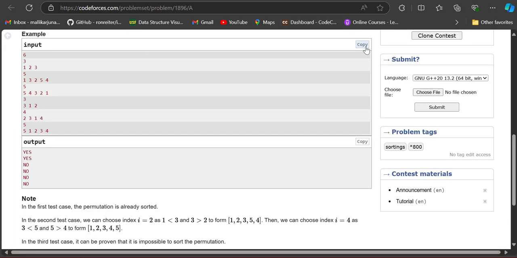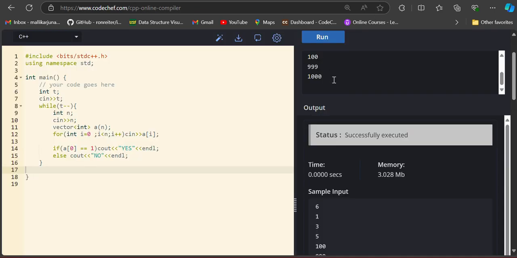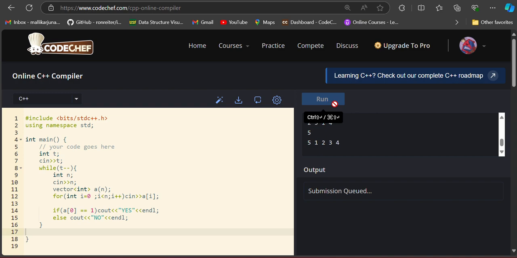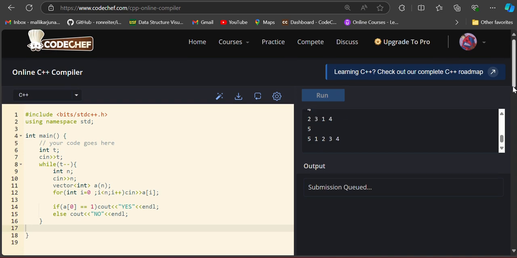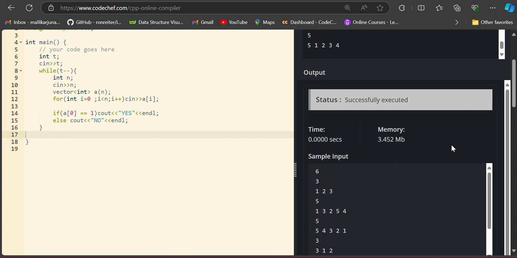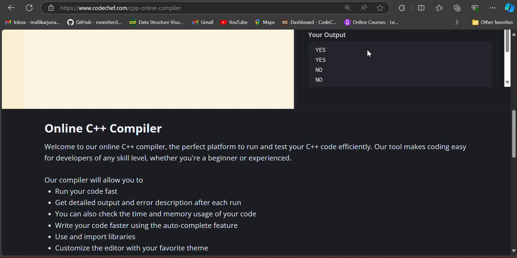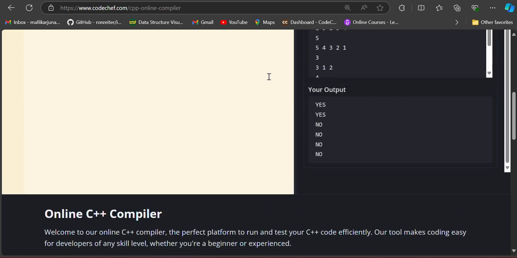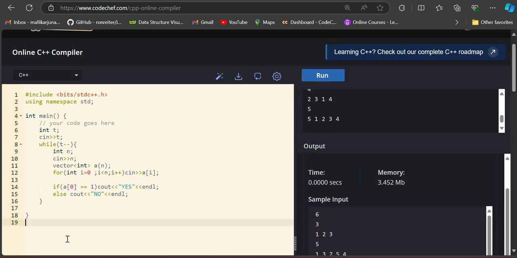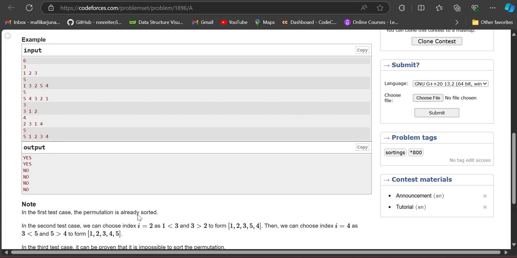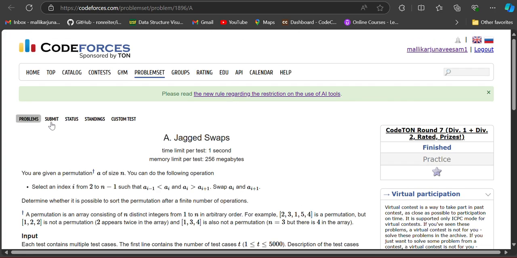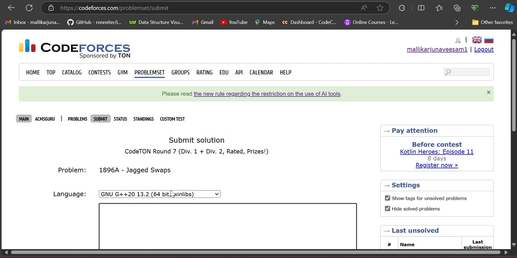Let me submit this code and check whether it is actually accepted or not.